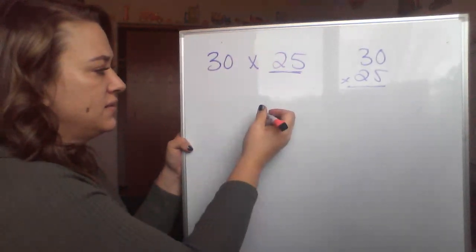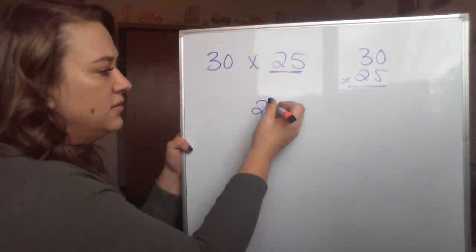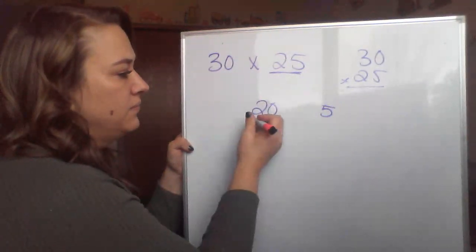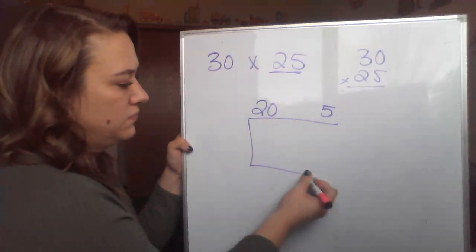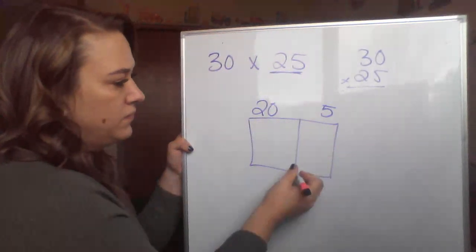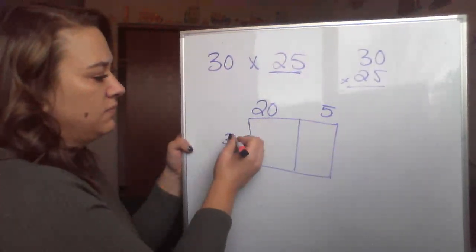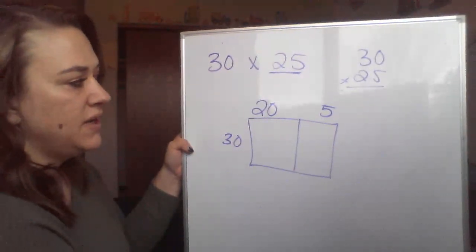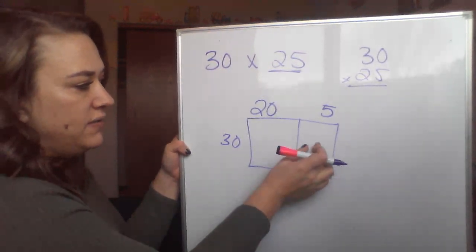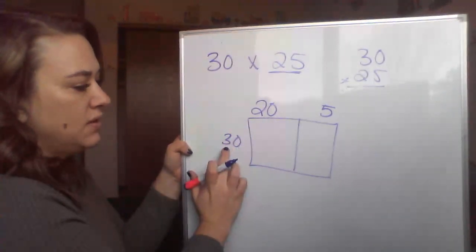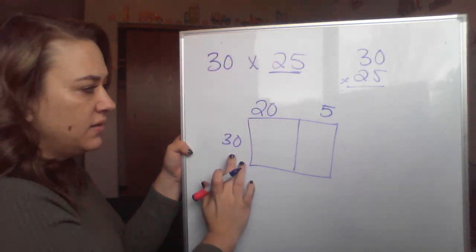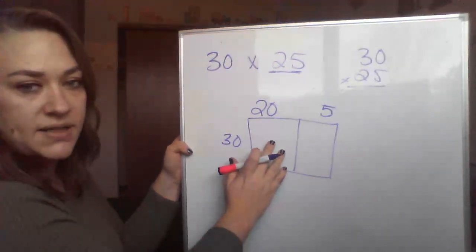So it's going to look like this. So I'm going to have 25 multiplied by 30. Okay, so now I can find the area of each of these using, I multiply length times my width for each little rectangle.